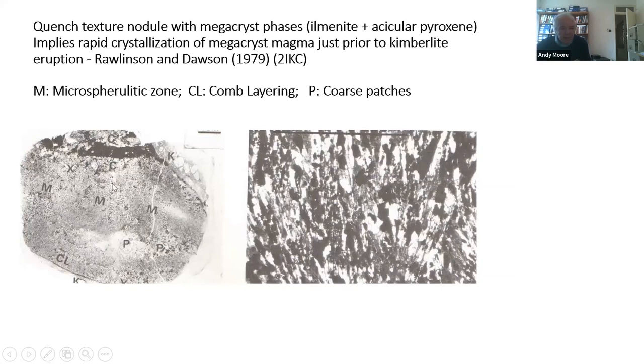That's a large section, and this is a detail of this area in here. And this shows a texture called comb layering, which indicates rapid crystallization or quenching. So the compositions of the minerals link this to the megacryst suite, but the texture indicates that this crystallized rapidly.